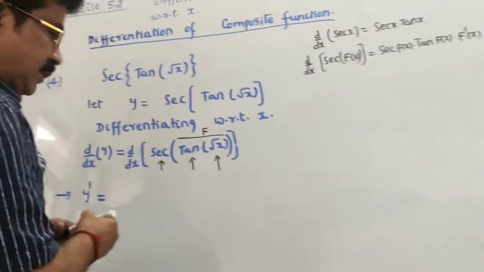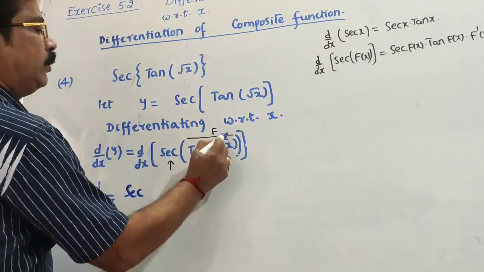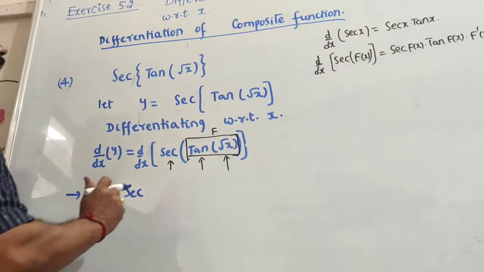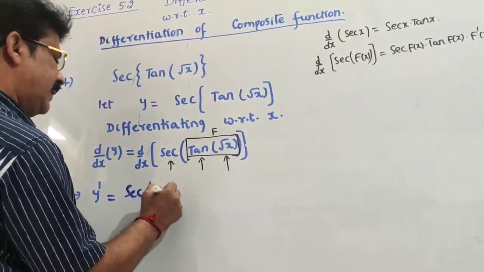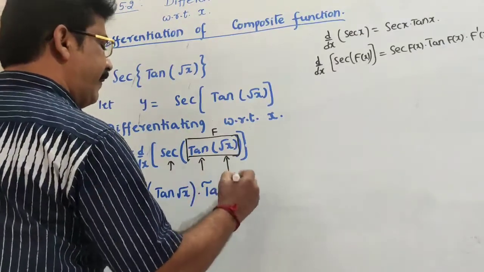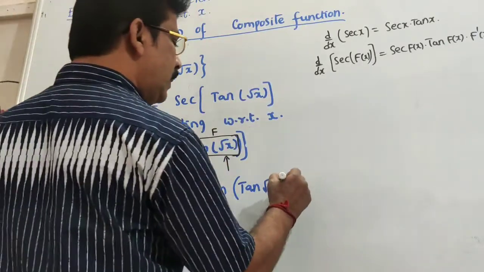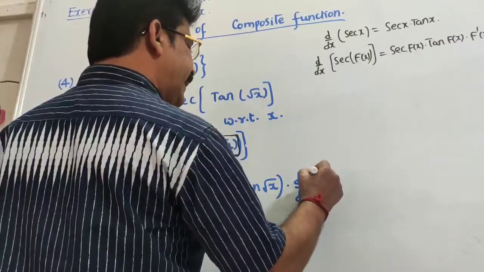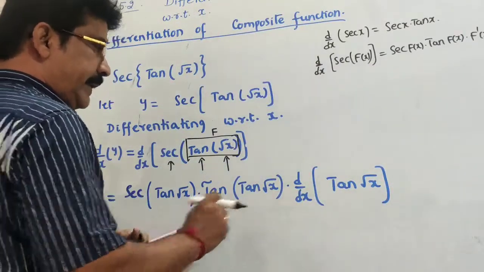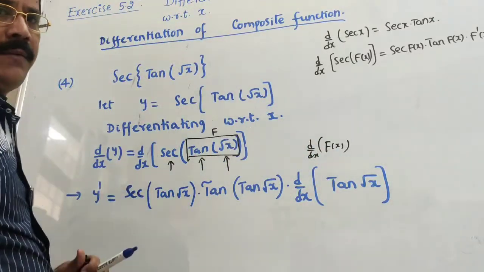So applying that, secant of f of x, let this total function be f of x, secant of f of x into tan of f of x into d by dx of f of x, or simply f dash of x.